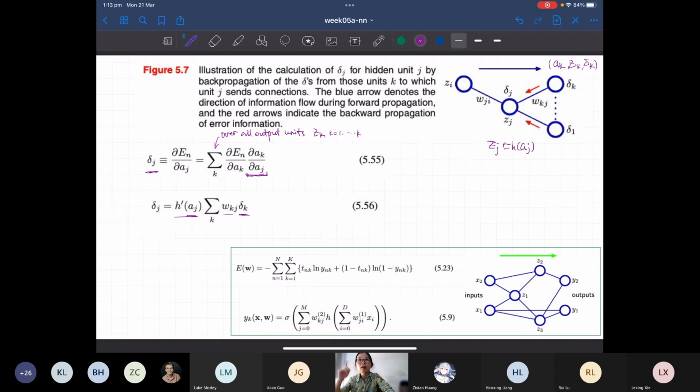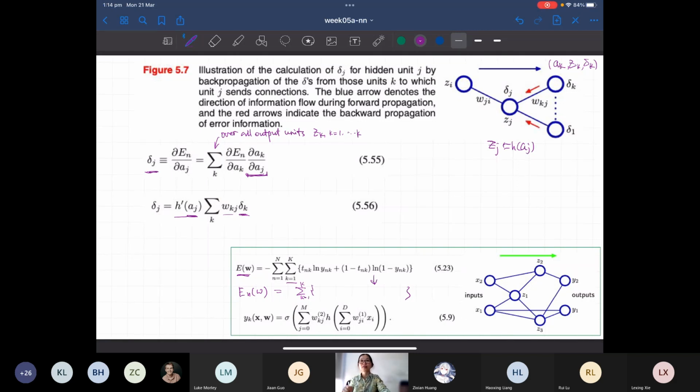To wrap our heads around this, we essentially need to refer to the earlier definition of the error function as a summation over K, and the stochastic gradient version is just a sum over K, and then the same term here.